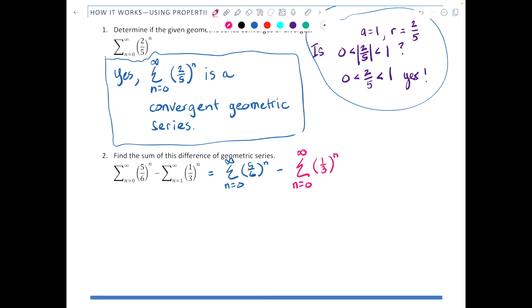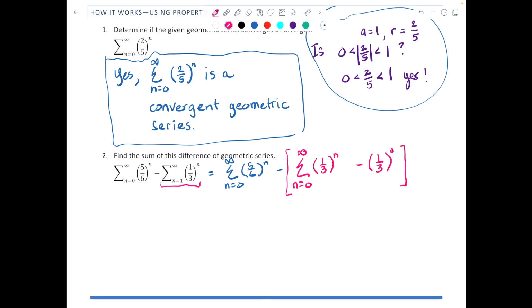But in order for that to be true, right, we're going to have to subtract the 0th term. So we're going to have to subtract, this isn't part of the summation, the (1/3)^0 because we will have added too much.